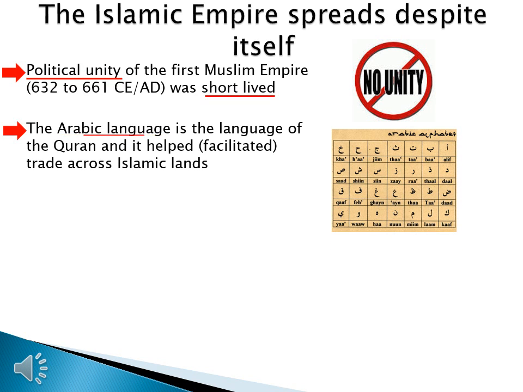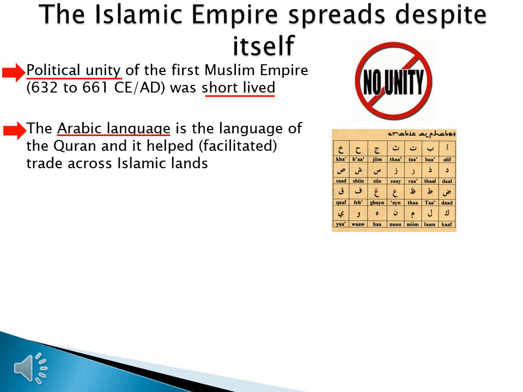The Arabic language is the language of the Quran, and it helped facilitate trade across Islamic lands. The Quran is written in Arabic. Muslim traders speak Arabic. So, wherever they go, no matter what language is being spoken, you need to be able to speak Arabic to speak with a Muslim trader.